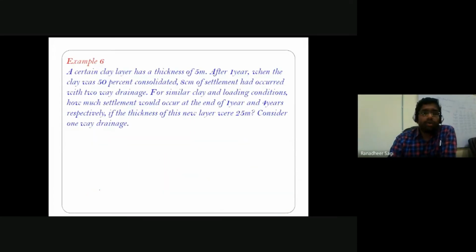Moving on with another problem. A certain clay layer has a thickness of 5 meters. So the thickness of the clay layer I am looking at is 5 meters.